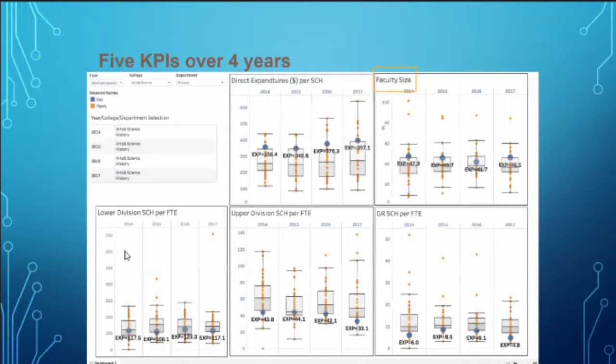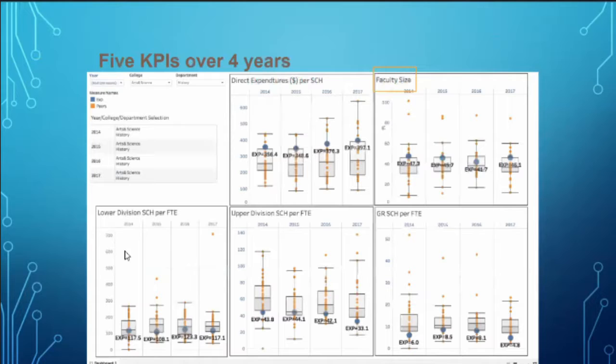So you'll see that we have box whiskers developed for 4 consecutive years of cost study data. The cost ratios, direct expenditure per credit hour, and faculty size give us an idea of how this department looks in comparison to its peers in terms of size and cost.